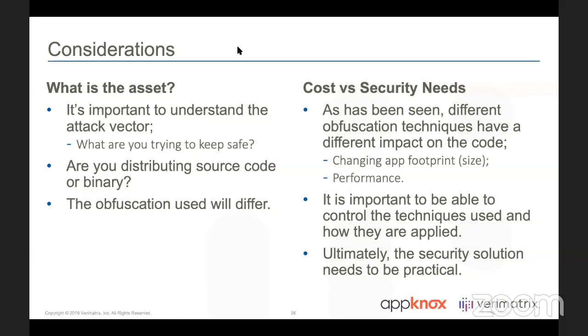And a good way of getting those balances, of making sure it meets the wider business needs, is to make sure that you have control over the techniques that are used and how they're applied. So you can target them, you can use them in the correct way, and that allows you to balance. So you get the best of both worlds. You get the best of security, but also the best of performance, or whatever else you're trying to optimize for.